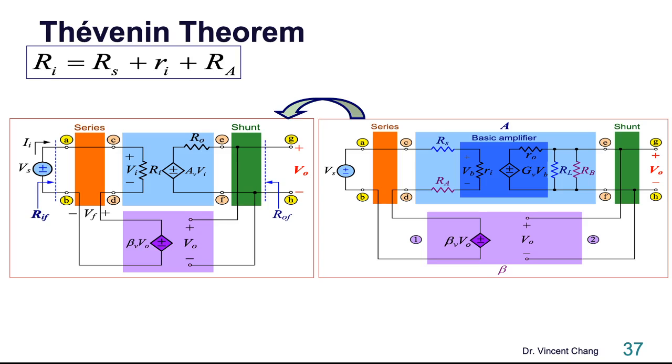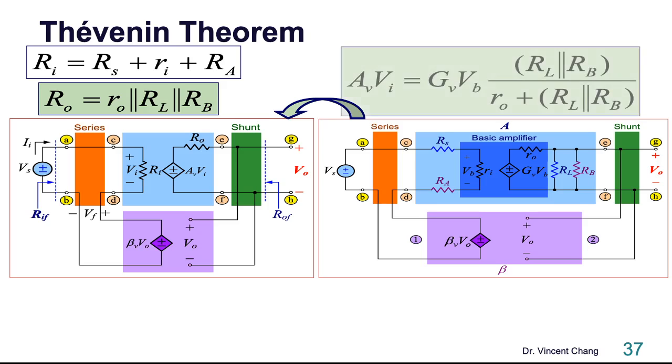All right, I'm back. For the Ri, there's no problem. Based on the Thévenin theorem, you can simply solve this. The parallel combination of the RB, RL and the lowercase ro equals the capital Ro.